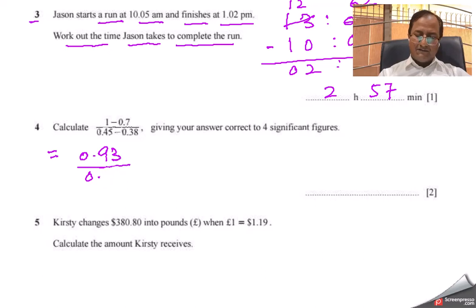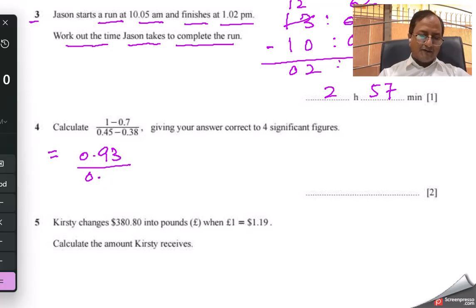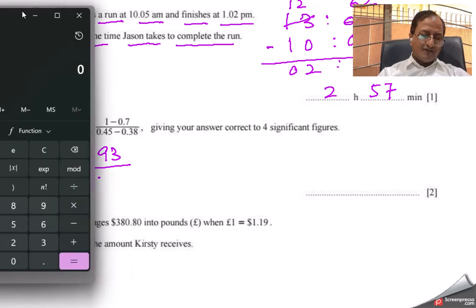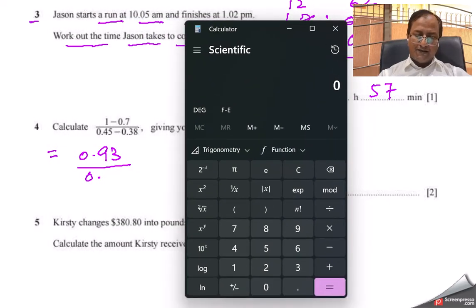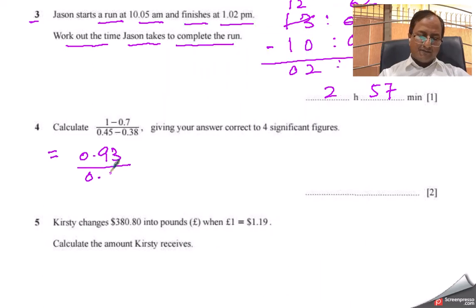With the help of a calculator we can check it. Here we have 0.45 minus 0.38, it gives us 0.07.